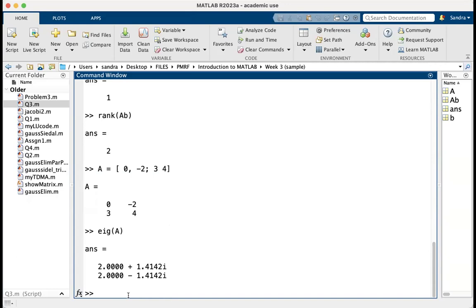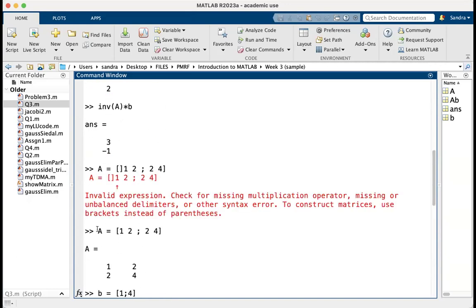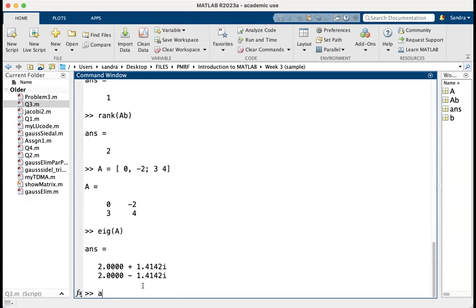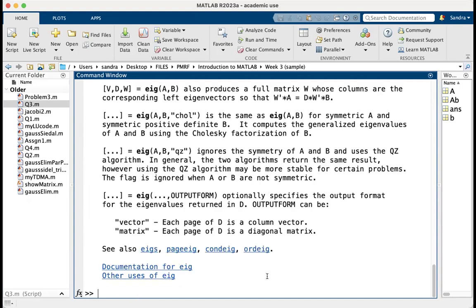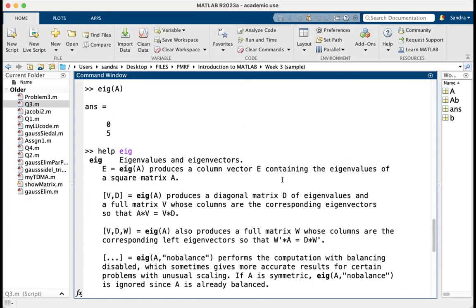For example, if you have a matrix here, this matrix, let's see. What is the eigenvalue of this matrix? That is 0, comma 5. Now we'll see what this inbuilt MATLAB command EIG can do for you.